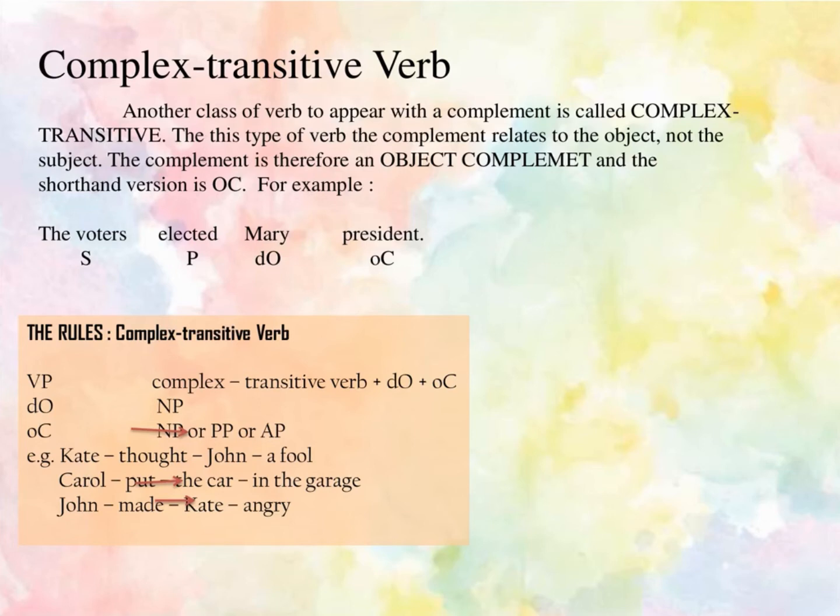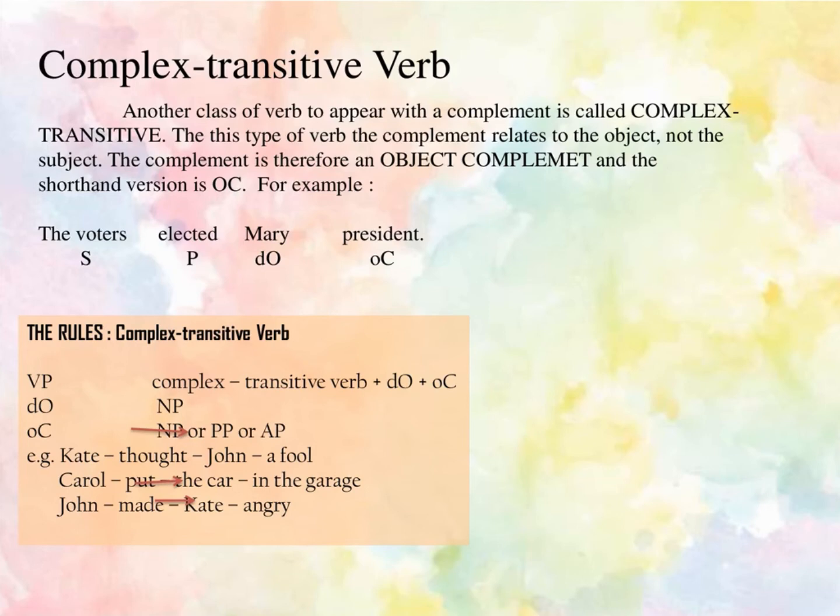And then the rules of the complex-transitive verb. The verb phrase consists of a complex-transitive verb plus a direct object plus an object complement. The direct object consists of a noun phrase. And the object complement consists of a noun phrase, a prepositional phrase, or an adjective phrase.